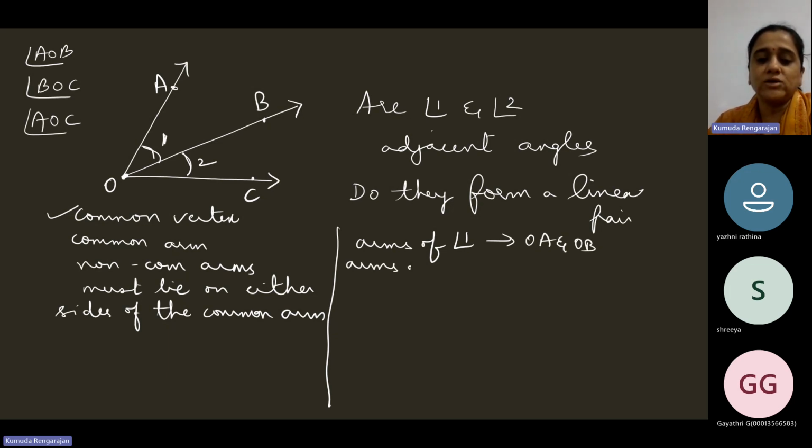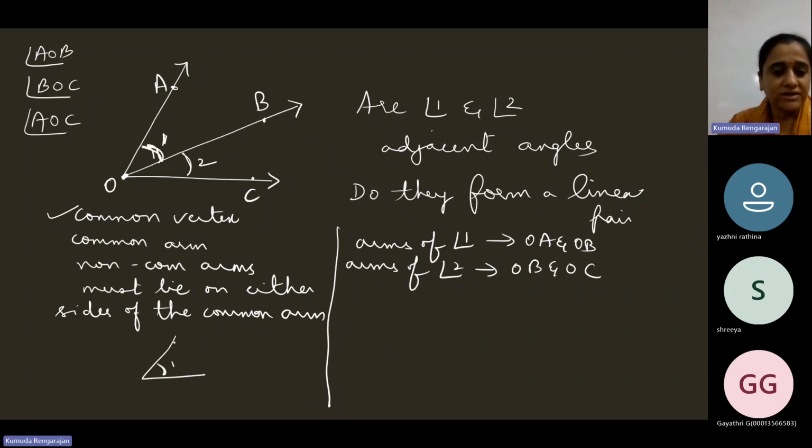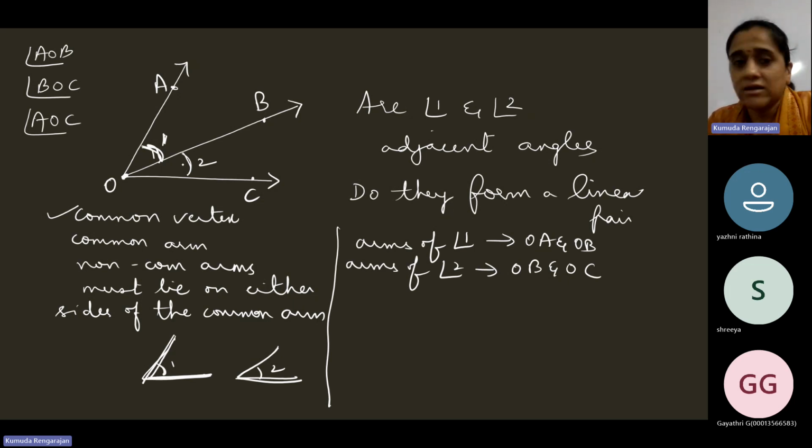Which are the arms of angle 2? OB and OC. See, this is angle 1. This one and this one are the arms of the angle. And if this is angle 2, this one and this one are the arms of the angle. So OA and OB are arms of angle 1. OB and OC are arms of angle 2.